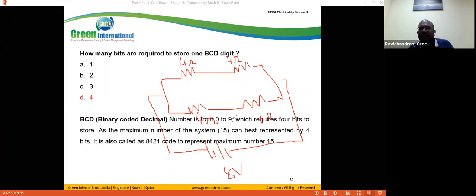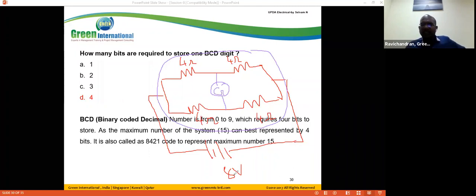Assume that we have an electric circuit like this. Simply, I hope you can imagine that this combination is like a bridge. If I put a galvanometer here, this combination is a bridge circuit.